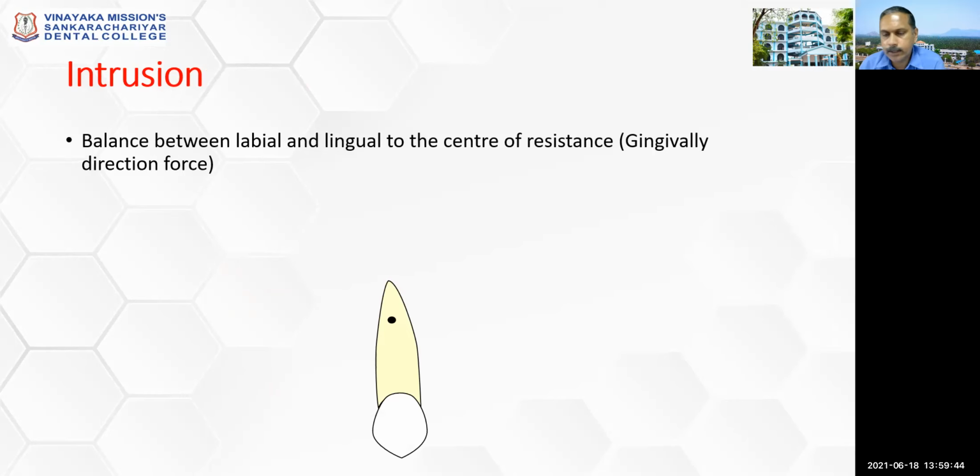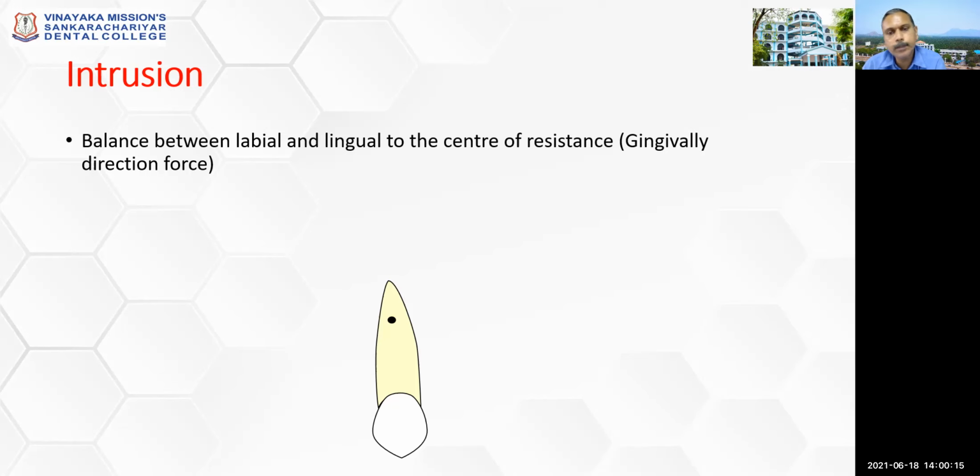Intrusion, that is another tooth movement that is possible. That is a balance between labial and lingual aspect to the center of resistance. Why I specify this? You use orthodontically some appliances which can be a labial appliance or a lingual appliance. But as I mentioned to you, where is the center of resistance? Apical third of the root of the tooth.